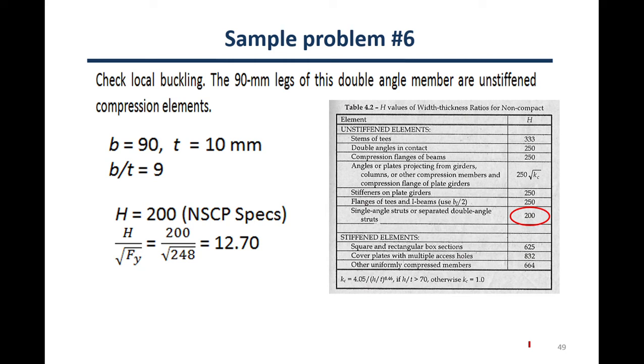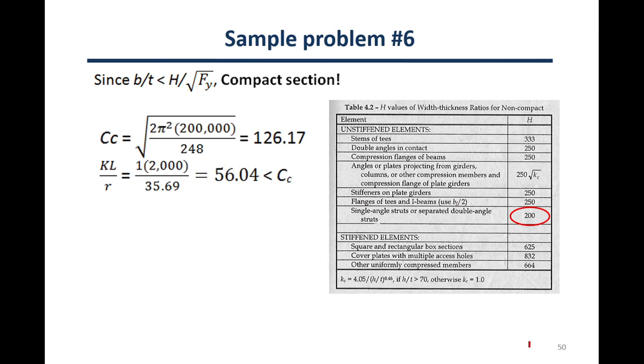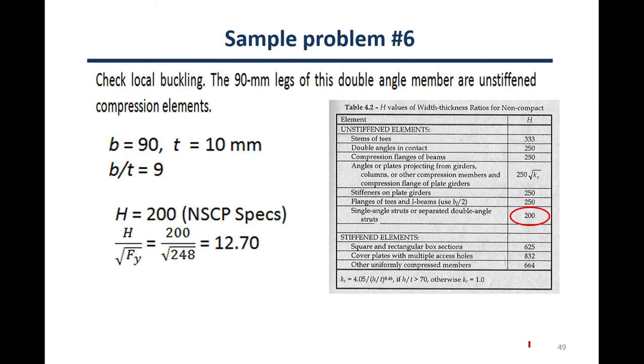So, makita natin is 12.70. So, lumilitaw na compact section kasi mas malaki ito compare dito. Diba? Mas malaki H natin.